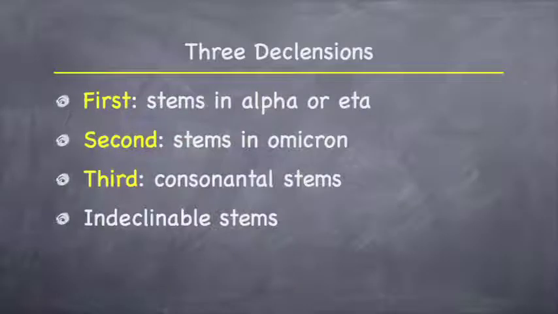Now, I guess in a sense there's a fourth declension. It's not really a declension. It's called the indeclinables. Indeclinable words are words generally that are brought over from another language that don't change their form. So there are indeclinables, but for the most part there are three declensions. And what declension a stem is in will determine to some degree what the case endings look like.